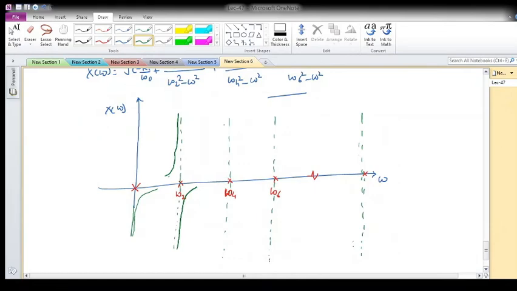For omega 4, again it will be positive when omega is less than omega 4 and negative when omega is greater than omega 4. That way will be the sketch. Basically this is a tangent type of curve, and same way here. Okay, and at infinity something like this.